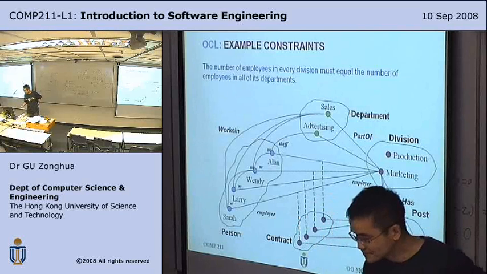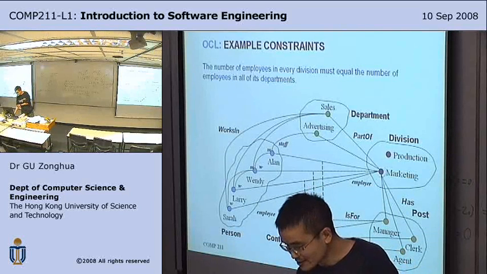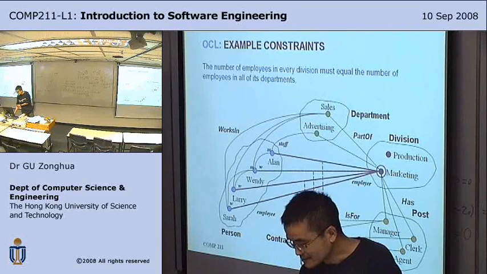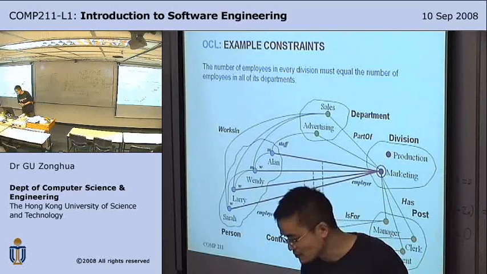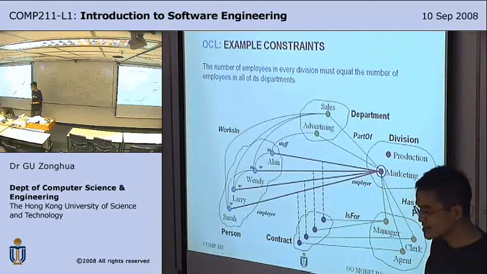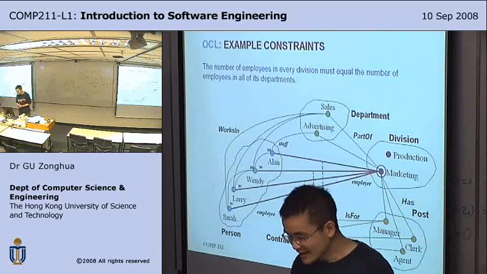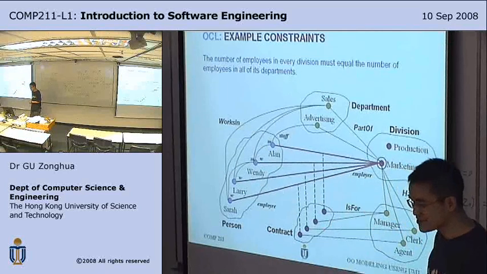So, the number of employees in every division. How do you express that? Just intuitively first, let's express the OCL later. Look at the marketing division. You want to find out the number of employees, so you navigate the association from division to person.